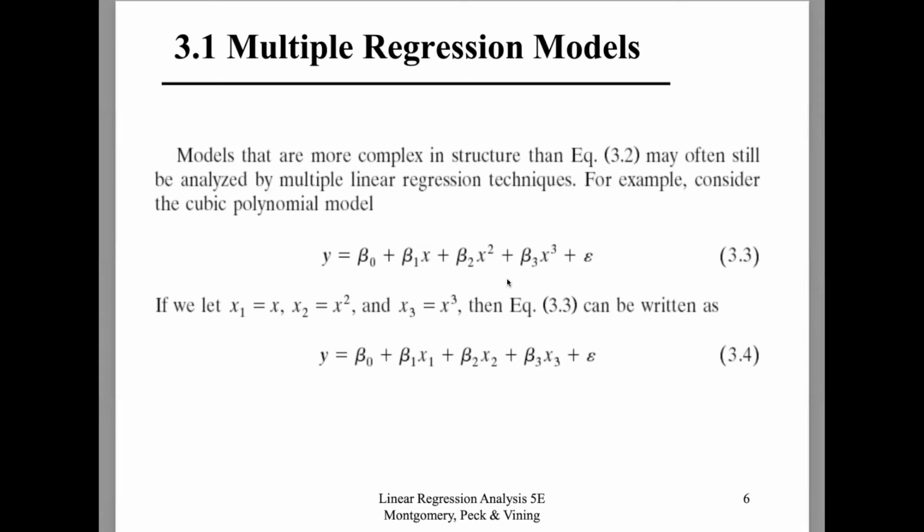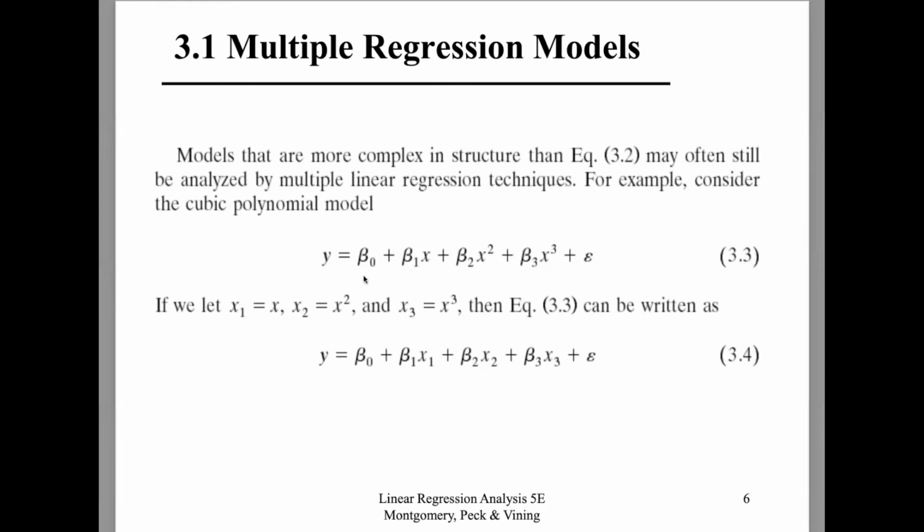So if we think about what this looks like, this is not a straight line. This is a 3rd order polynomial in the deterministic component of the model. And so from the standpoint of the explanatory variable x, this is not a linear function.